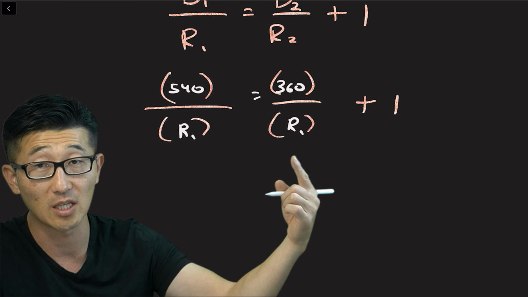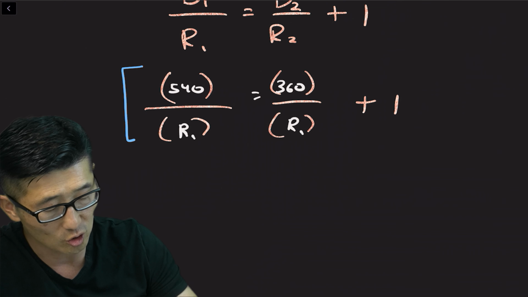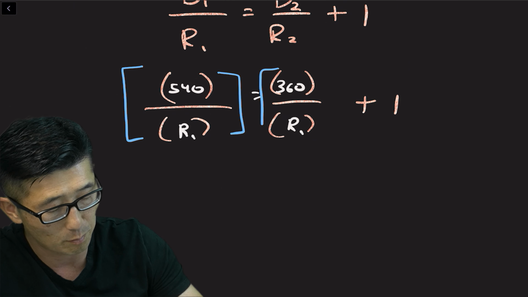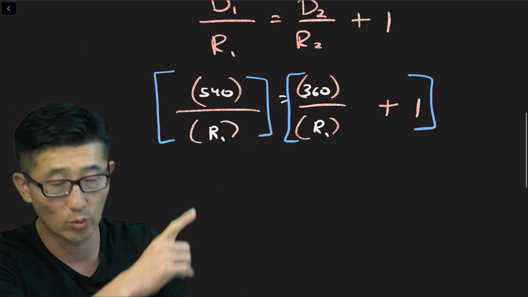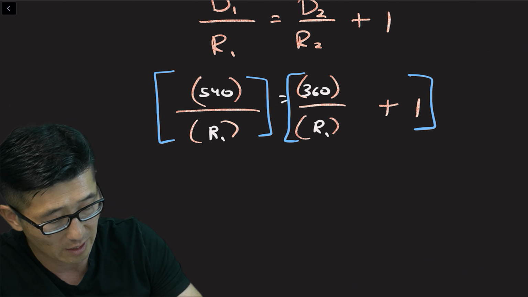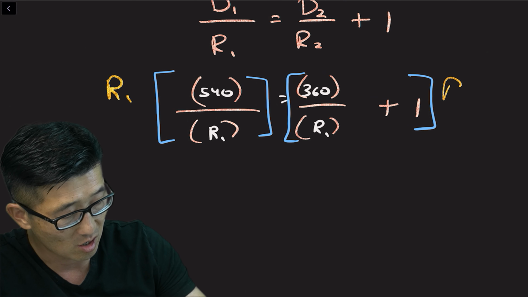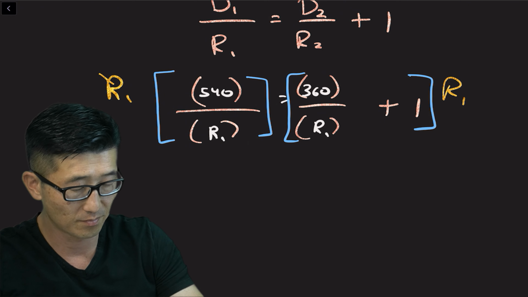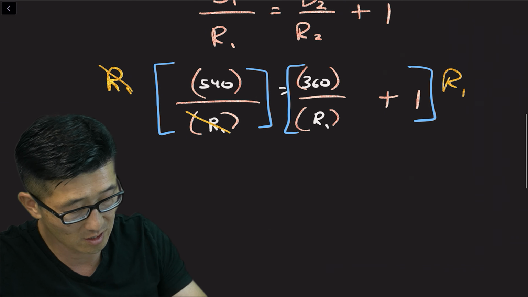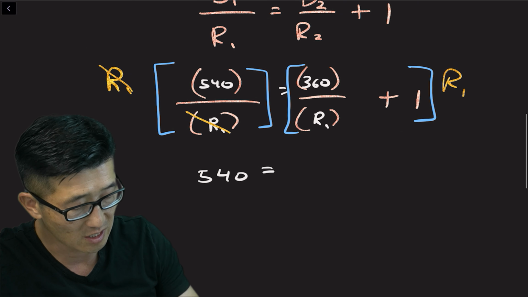All right, so what do we do? Now we can get a common denominator, but let's just multiply both sides of the equation by whatever that common denominator might be. It happens to be R1, so let's multiply both sides by R1. If I multiply this side by R1, the R1s will cancel out. And what do we have left? We have 540 equals.